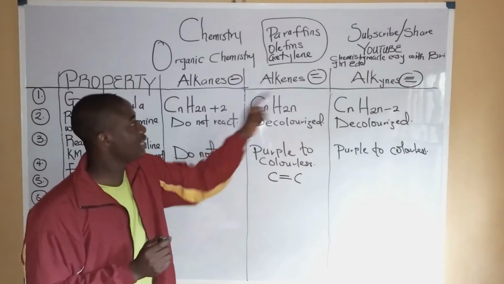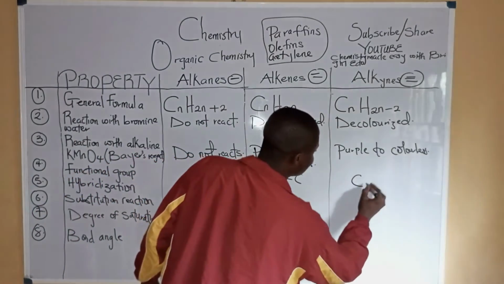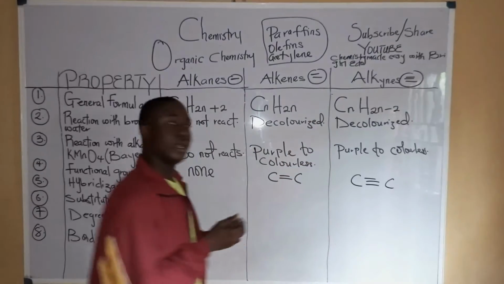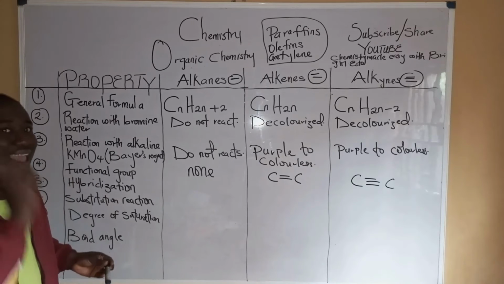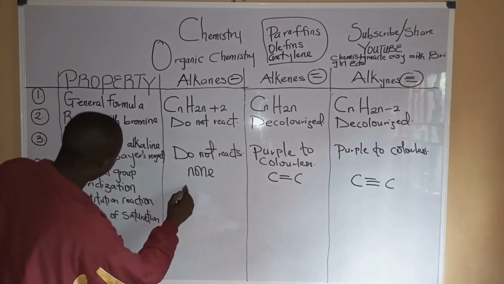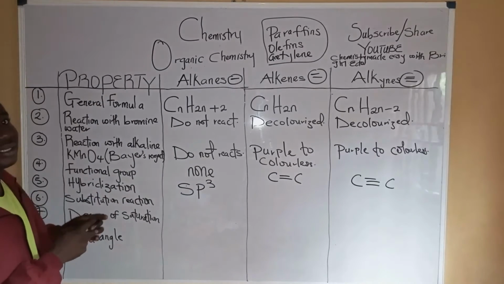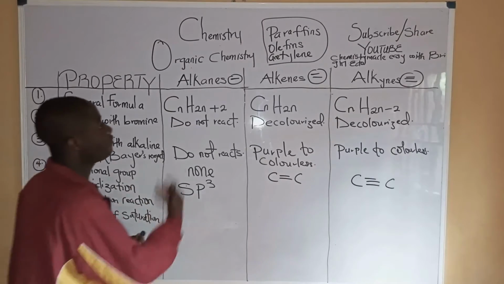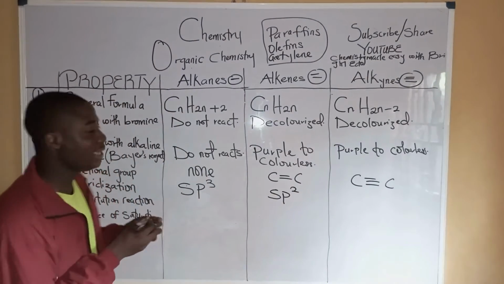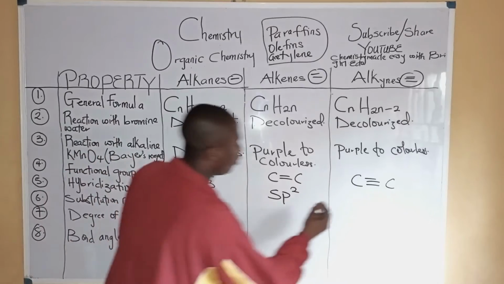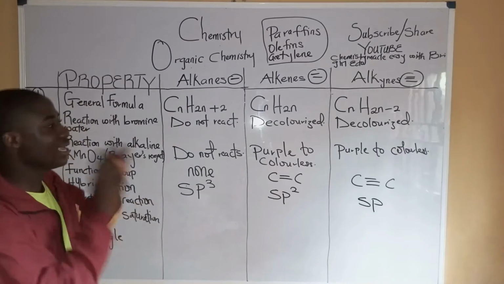So the functional group for alkyne is C triple bond C. Now let's talk about hybridization. Alkanes are sp3 hybridized, alkenes are sp2 hybridized, but alkynes are sp hybridized.